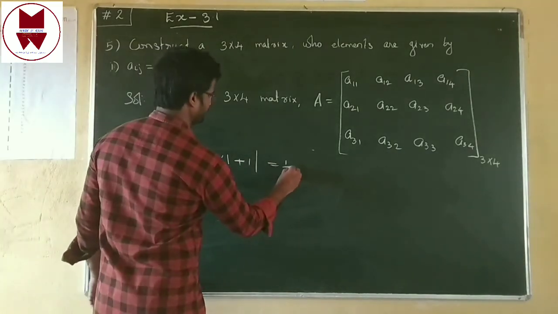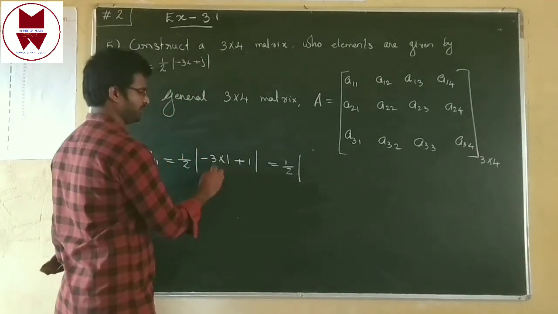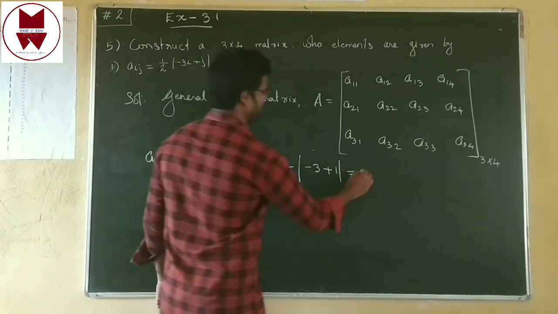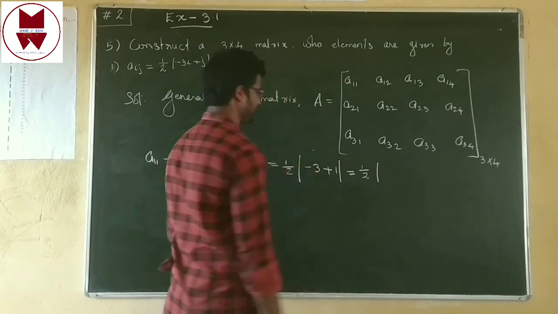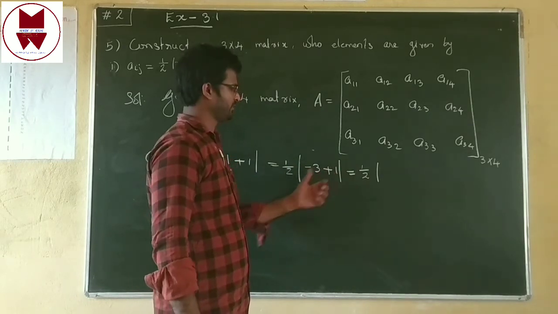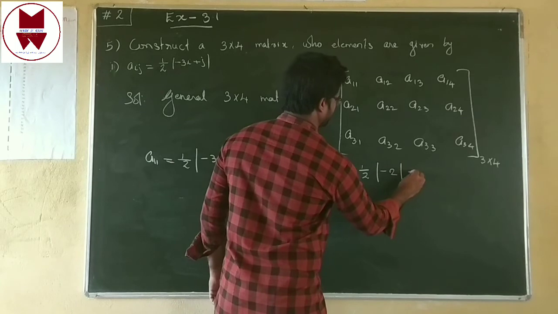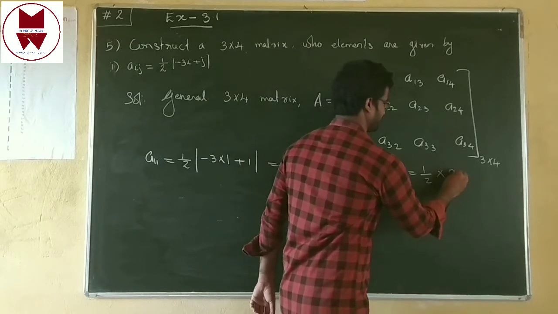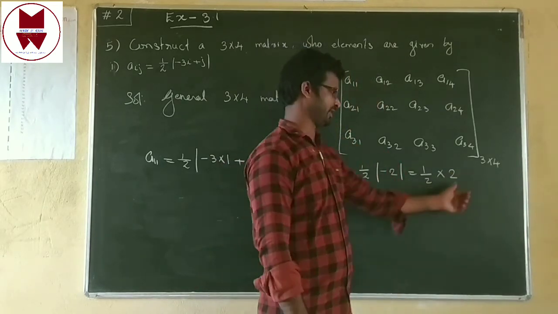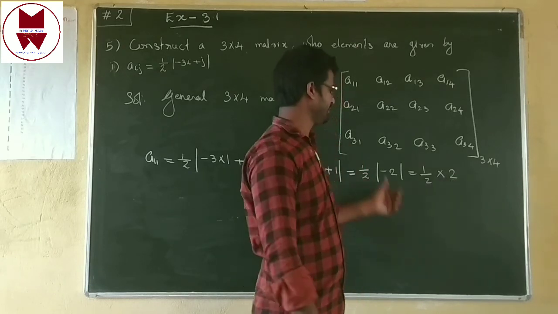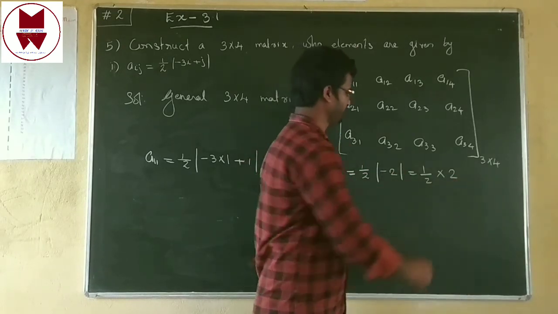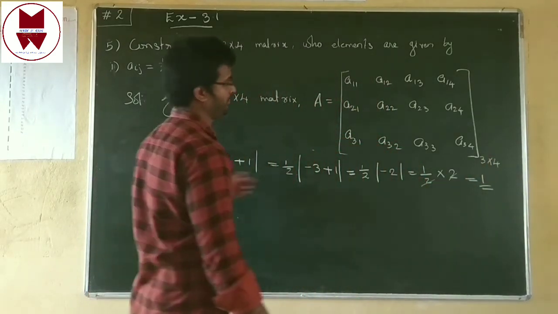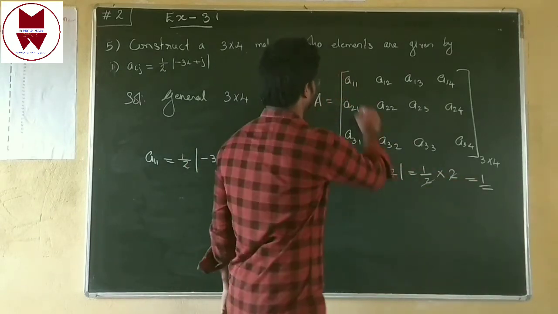Equal to 1 by 2 modulus of minus 3 into 1 minus 3 plus 1, equal to 1 by 2 modulus of minus 3 plus 1, that is minus 2. Equal to 1 by 2 into modulus of minus 2. Modulus of minus 2 will be 2. When you take modulus of any number, your answer is always positive, isn't it? That means modulus of minus 2 becomes plus 2. 2 cancels, then remaining only 1. That means first element A11, we got 1.